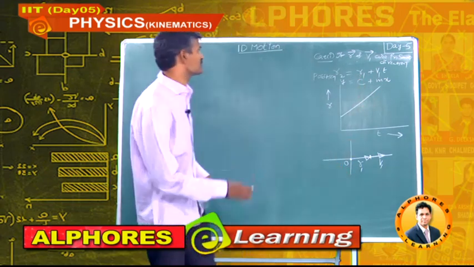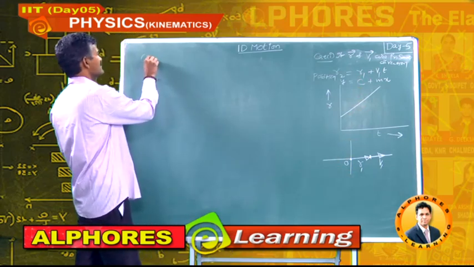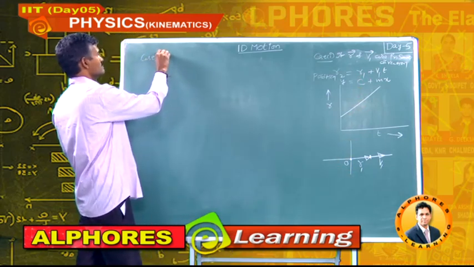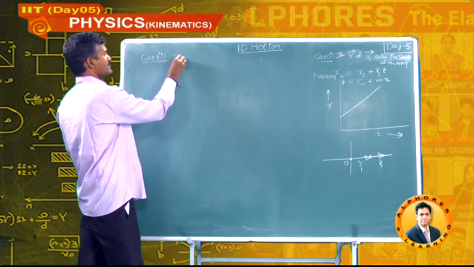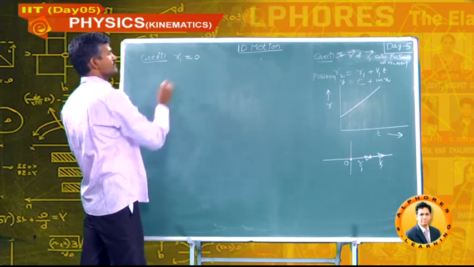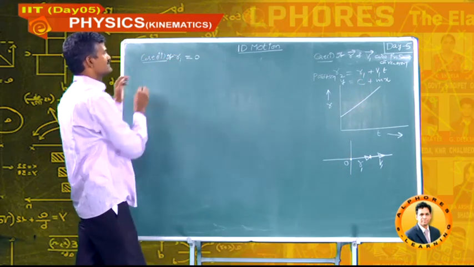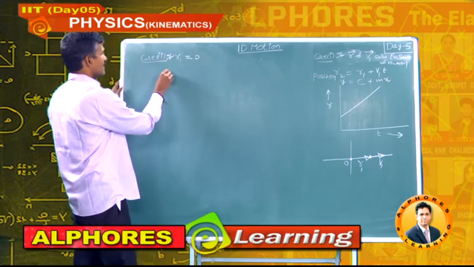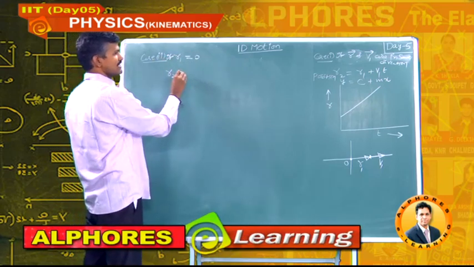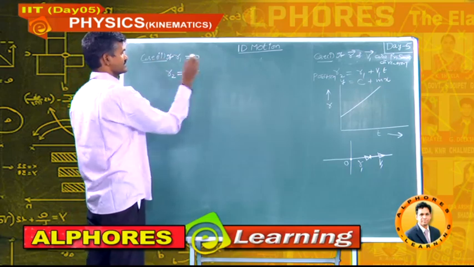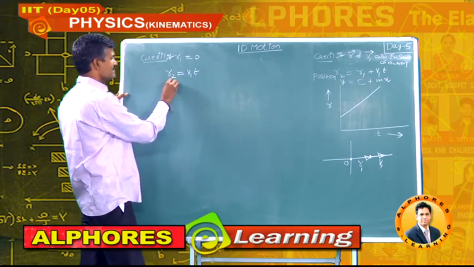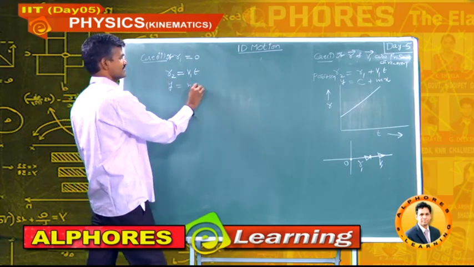In case R1 is 0, that is our second case, case 2, then R2 becomes V1 into T. In this case, it is just like y equal to mx.